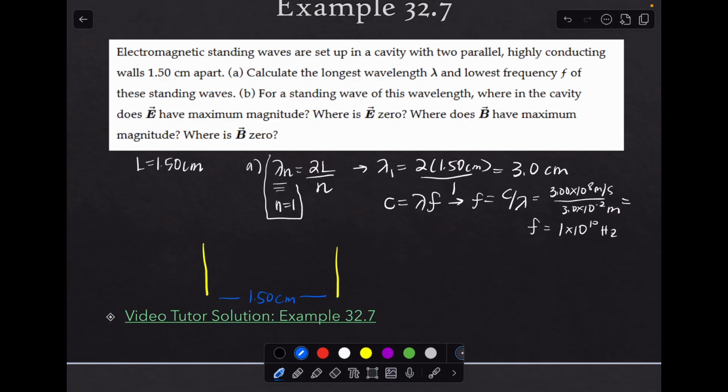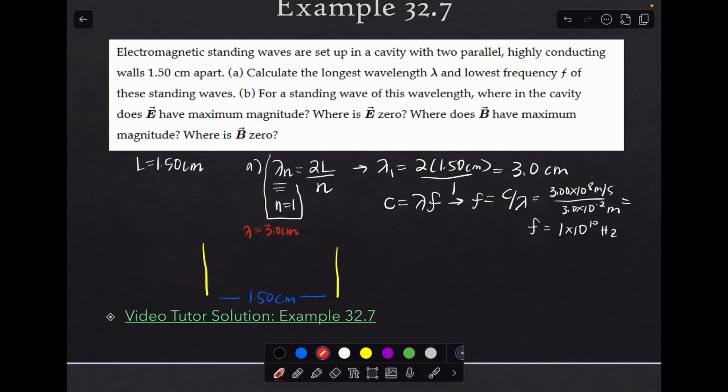And we have one node in there. So if we have one node, that means our wavelength is 3 centimeters.